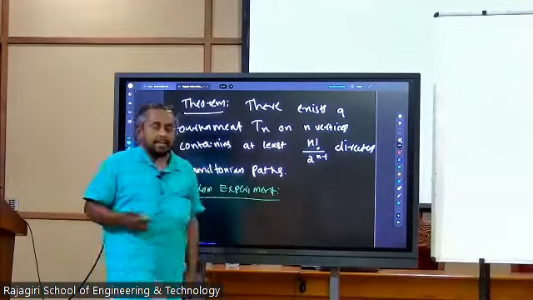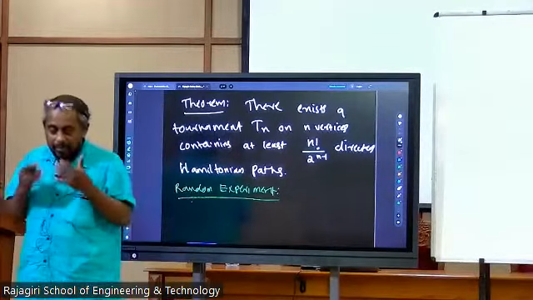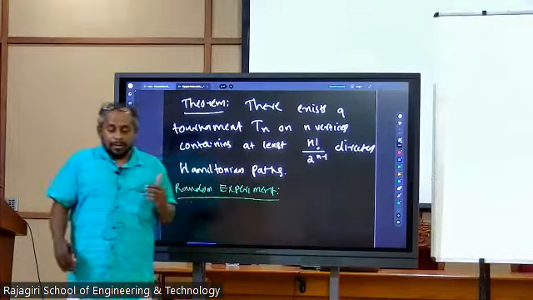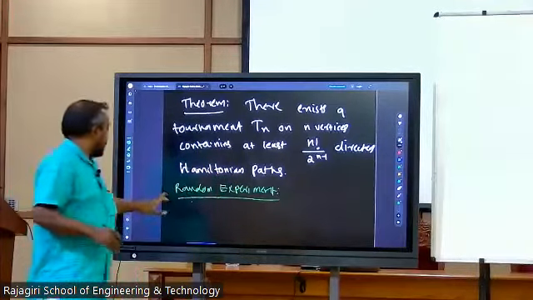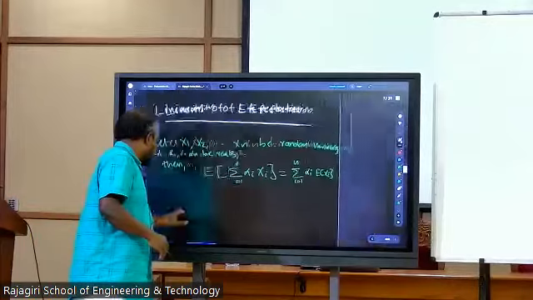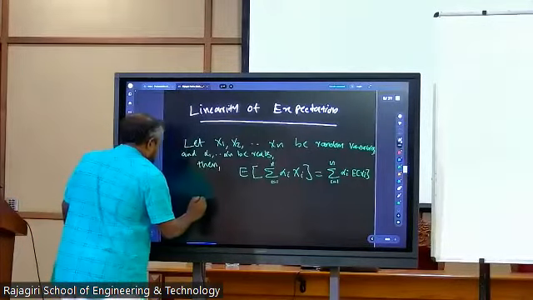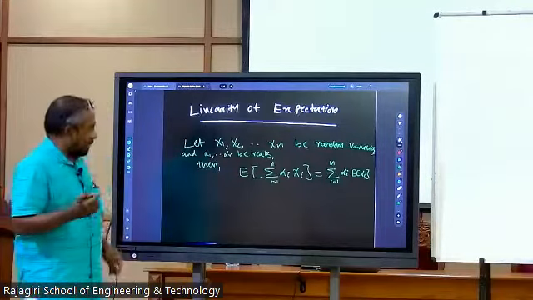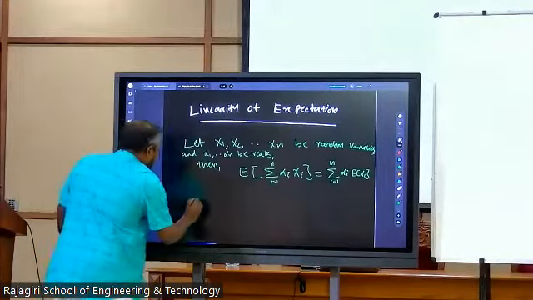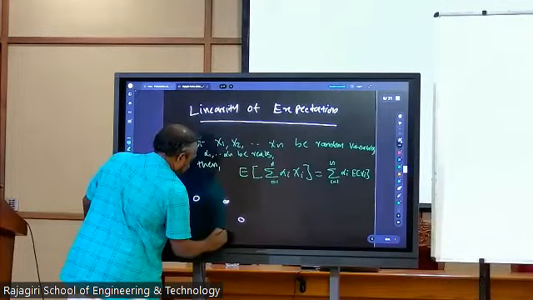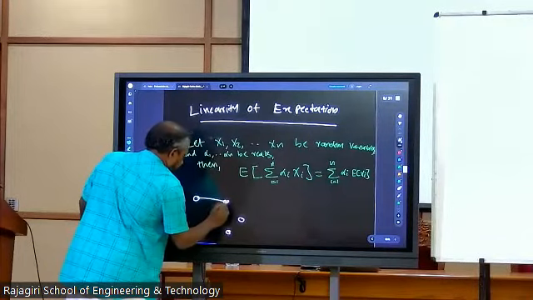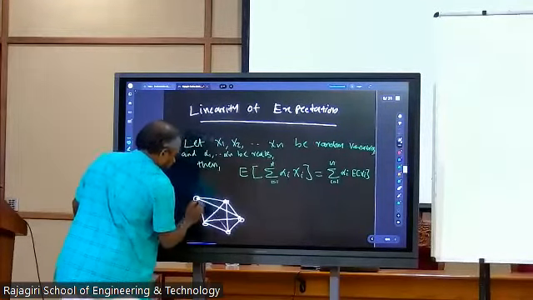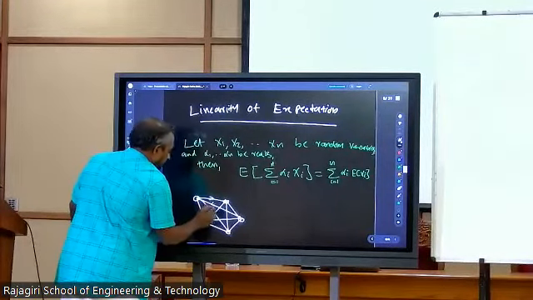So the theorem says that if you have a tournament on n vertices, then first of all, let me first show something else, that if you take any arbitrary tournament, tournament means that you have a complete graph, and then you have some orientation for the edges.